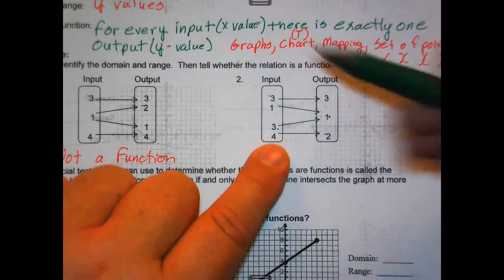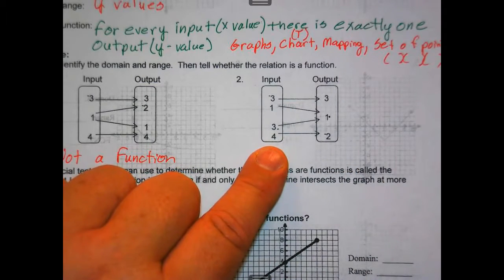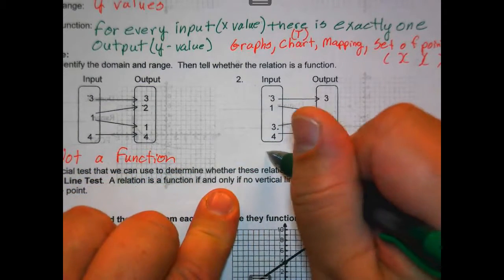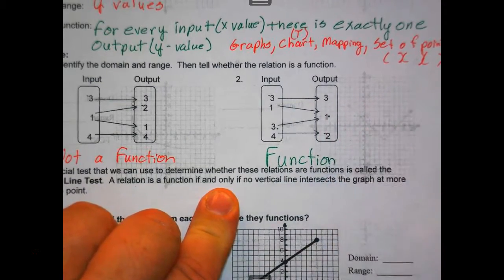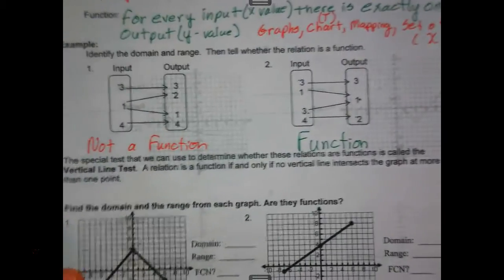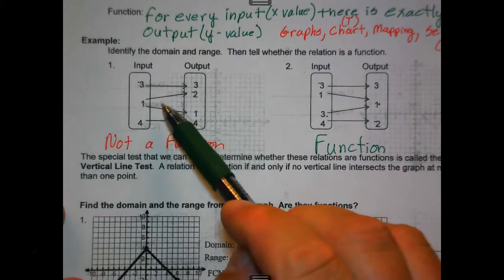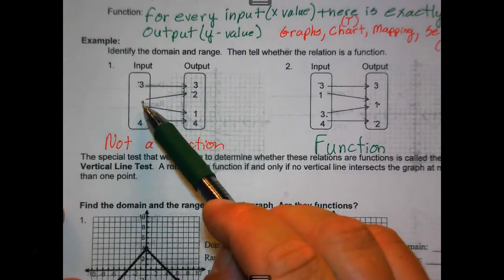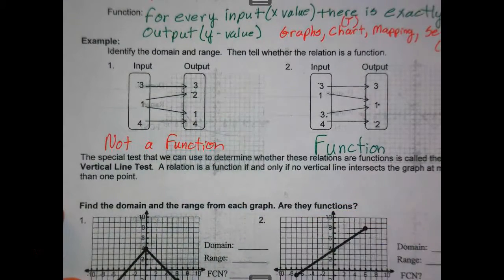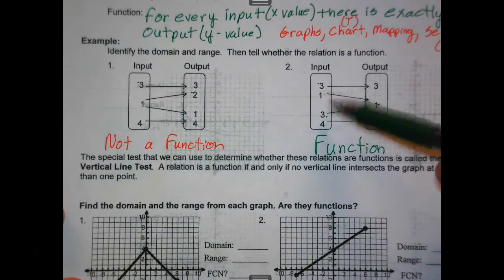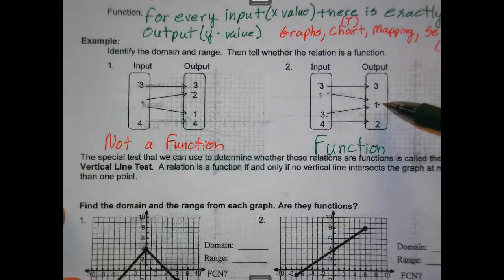Yes. Does this 4 have exactly 1 Y value? Yes. So this is a function. Now, notice the difference here. This X, the number 1, has 2 values in the output, 2 Y values. These X's, although they have the same Y value, there's only 1 assigned to them.